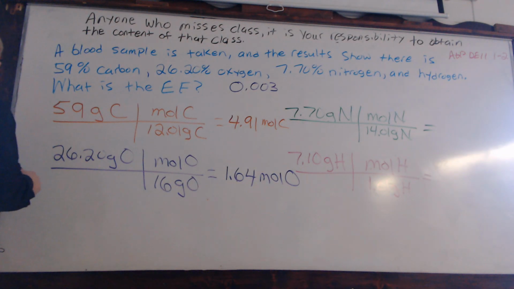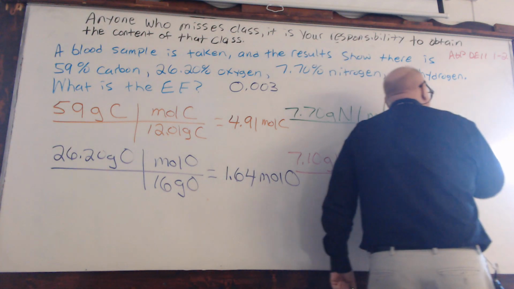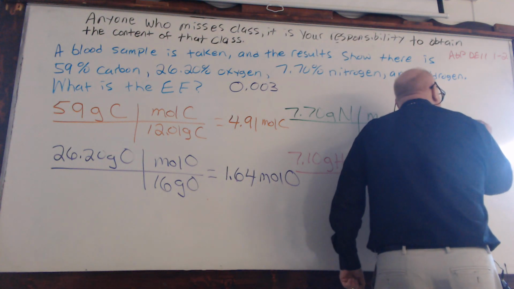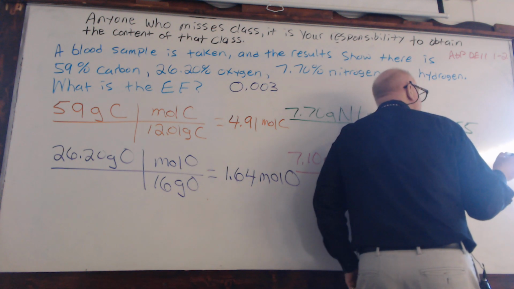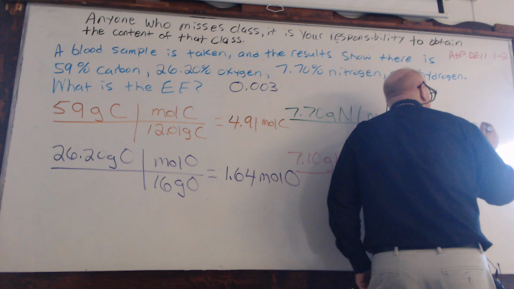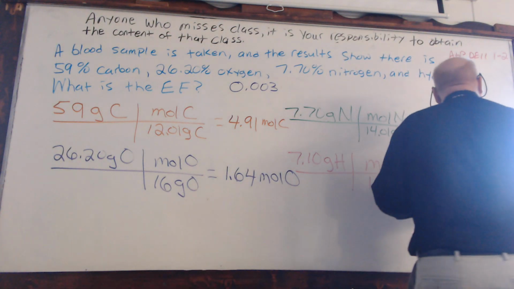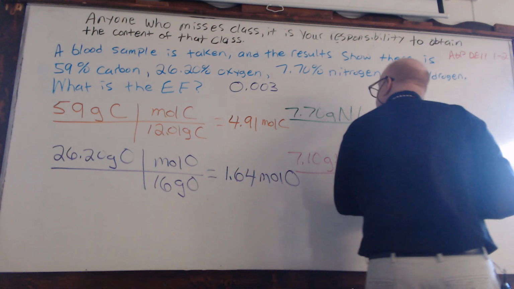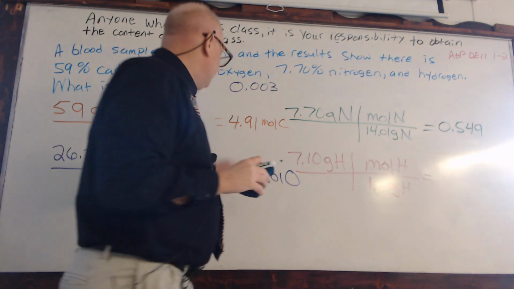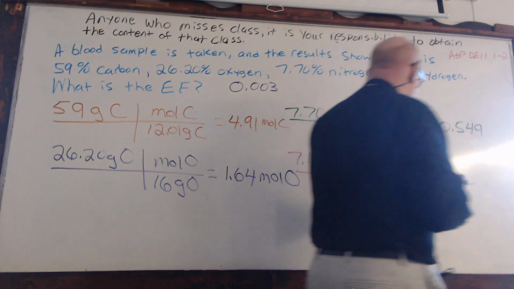And what does that do for our nitrogen? 0.55. Okay, and maybe we should go one more. 0.549. Okay, that might still work. But since this is less than 1, unlike these, which should work, we're going to go out one more digit.